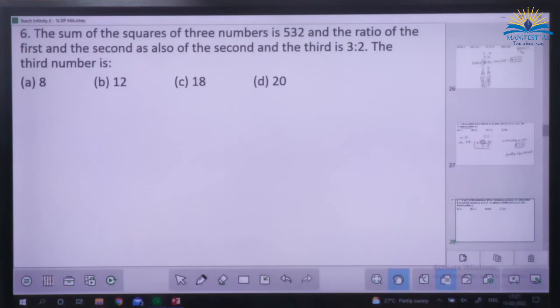The ratio of the first and the second as also of the second and third is 3:2. A is to B, first and second. Second and third becomes B is to C. A is to B is 3:2 and B is to C is 3:2.